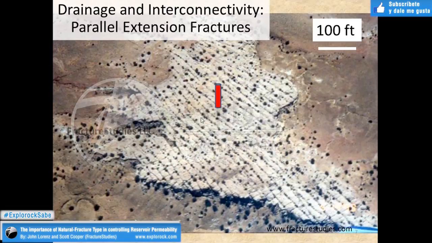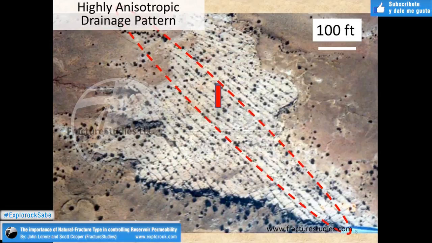And if we look at this, how is it going to influence drainage and interconnectivity here? These fractures are parallel to each other with very little intersection, so there's very little interconnectivity. And if we start draining this particular reservoir out of one well, we see a very highly anisotropic drainage pattern.